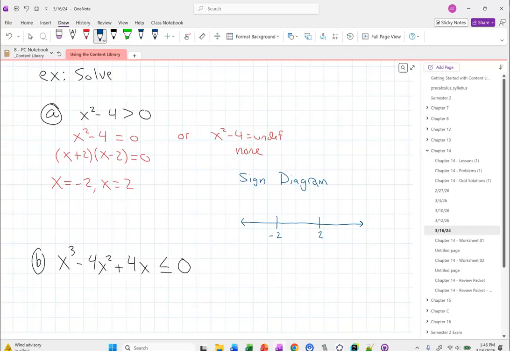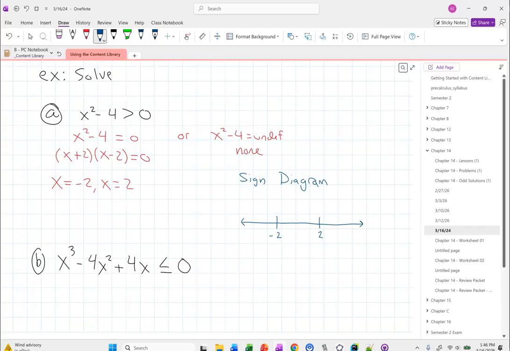Important point, the numbers have to go on the number line from small to big, in the same order that they would appear on the number line. Everybody's okay with that? I know you're like, no dumb, Mr. Kulik, but I promise you, somebody screws this up every year. Just gotta say it.